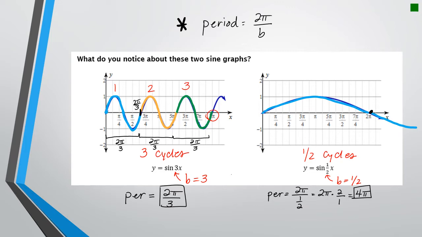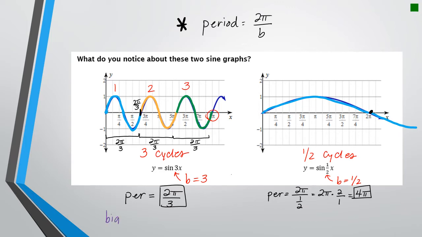There's one other thing I want to point out before I move on, and that is that if your b value is bigger than 1, your period is going to be smaller than 2 pi. So there's an inverse relationship. The bigger the b value, the smaller the period. Actually, let me write this down.